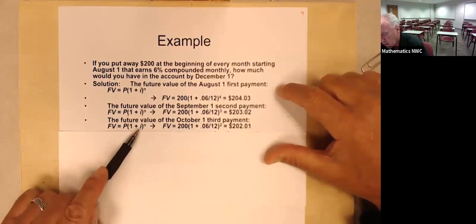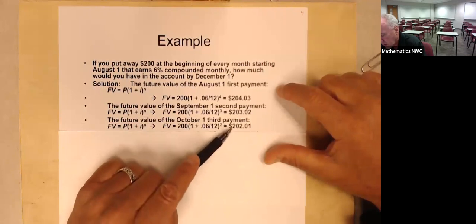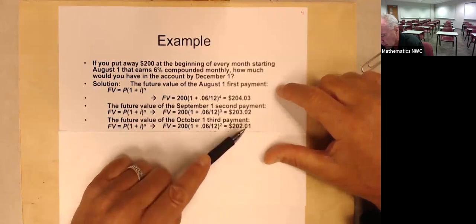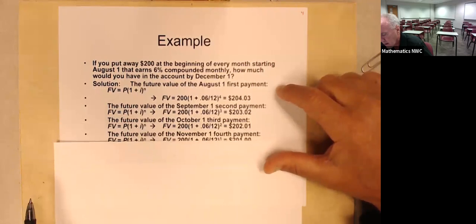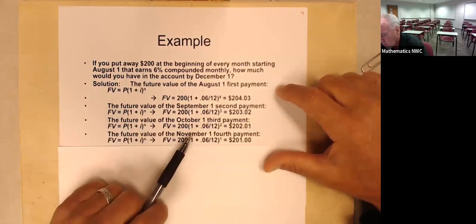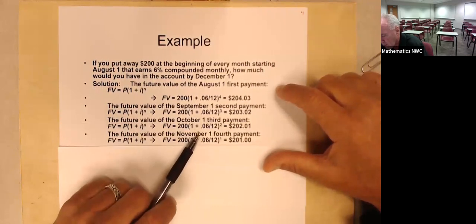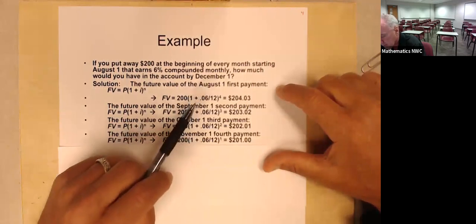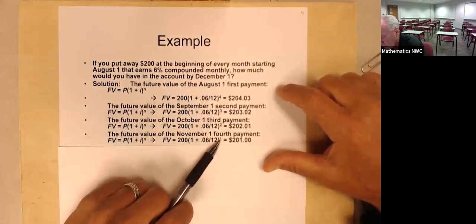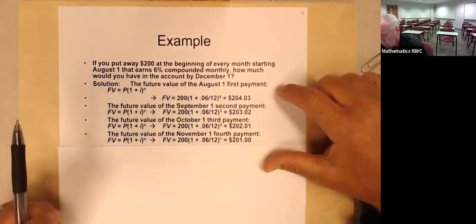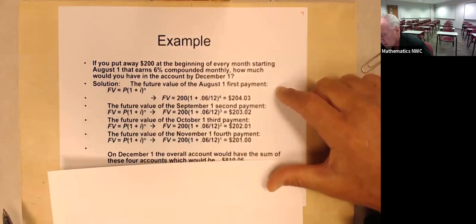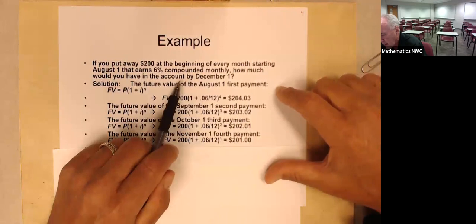It will start generating its own future value. It'll earn interest basically of $2.01. November 1 is only going to be in there 1 month, from November 1 to December 1. It earned only $1.